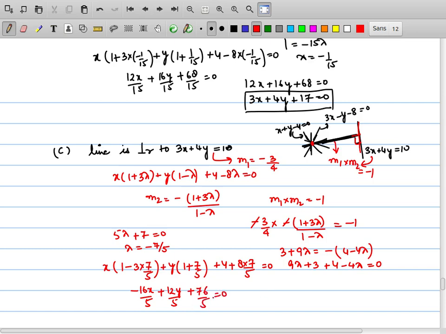So therefore, taking the LCM 5 and taking it to the right side, we have 12y minus 16x plus 76 is 0. We can take 4 out. So this would be 4y minus 3x plus 19 is 0. This is the required member of the family which is perpendicular to this line and is also passing through the point of intersection of those two lines.